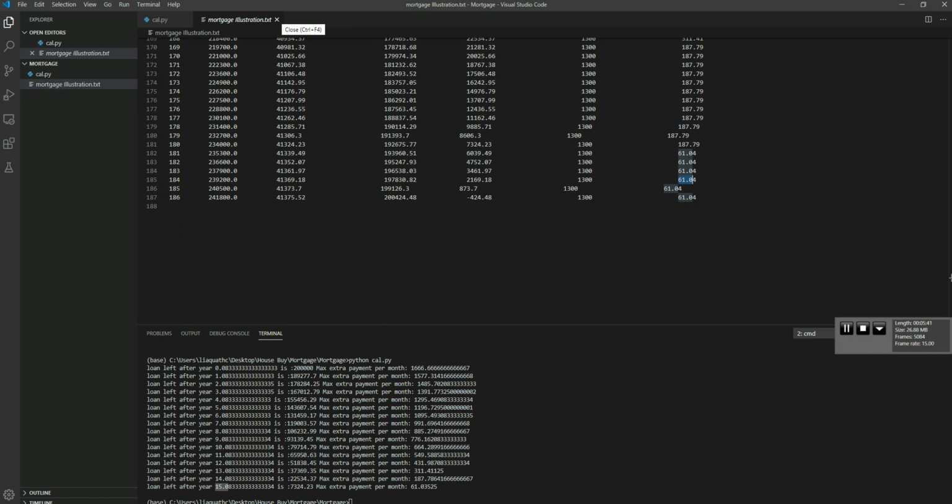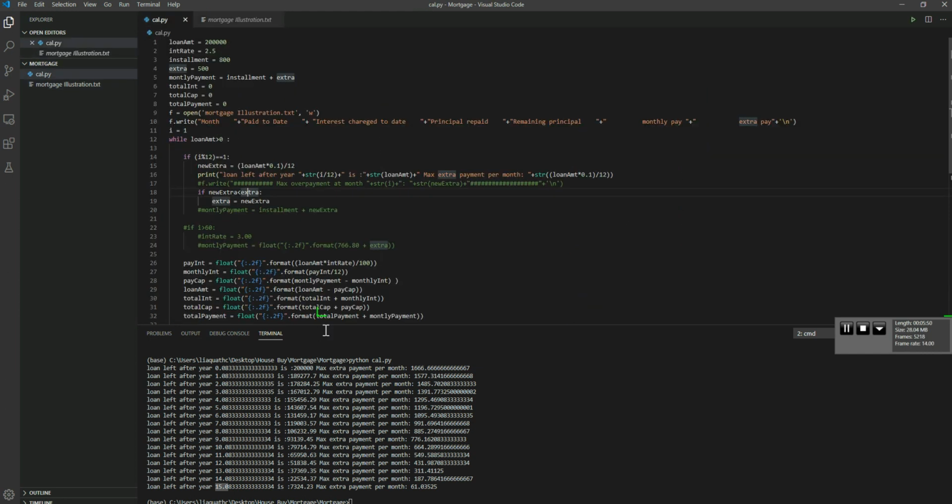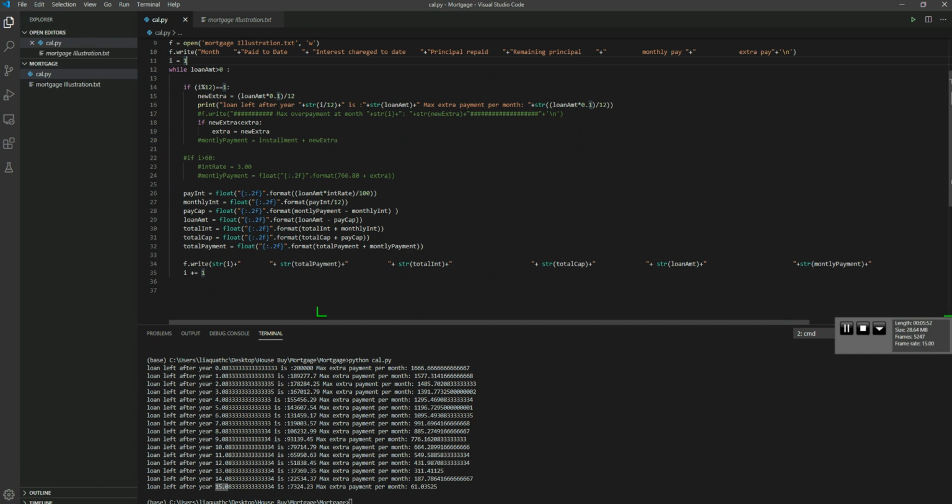Of course, you can change this amount depending on your mortgage lender's policy, but my calculation is not taking you out of that 10%. So when we are doing this new extra, every 12 months, that is 1 year, I calculate what loan amount is left and what 10% of it is.